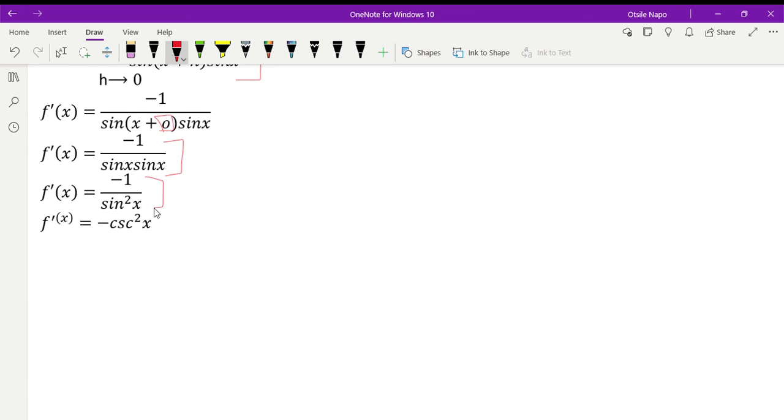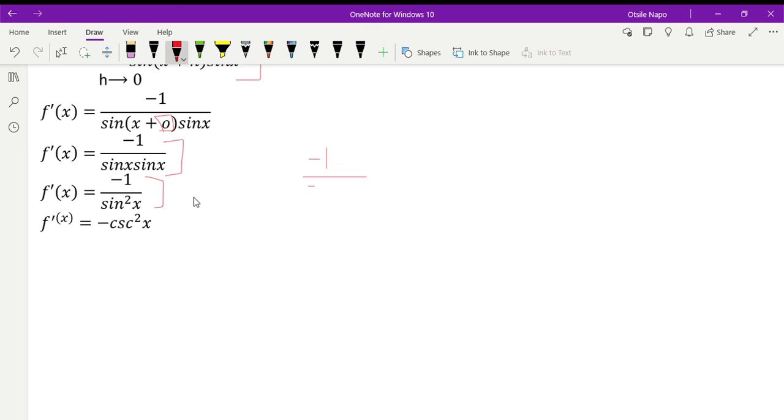So negative 1, this is a very important identity, which says 1 over sine squared of x is equal to cosec squared of x.